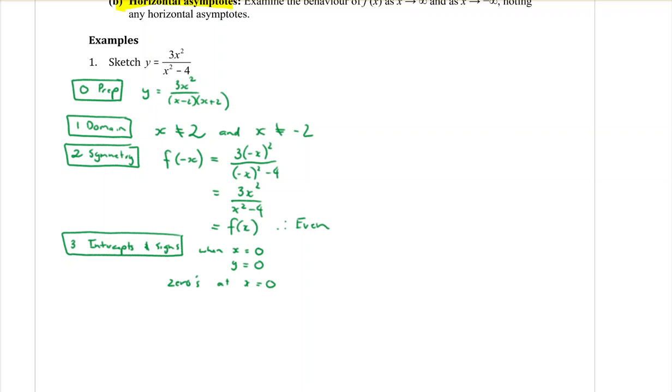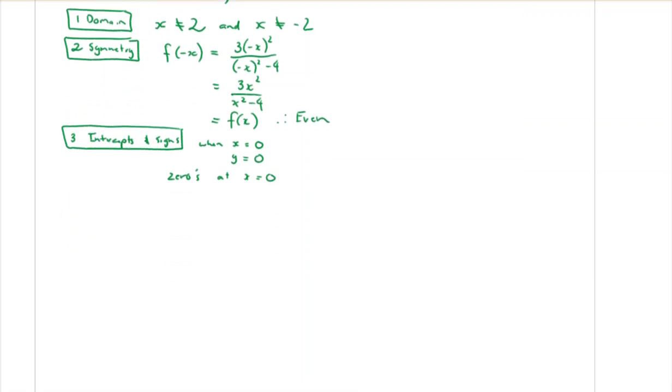Now we're going to use our table of signs to determine the sign part of this step. So let's go down here, cross here, x, y, and sign. There are 3 x values that I should be mindful of.